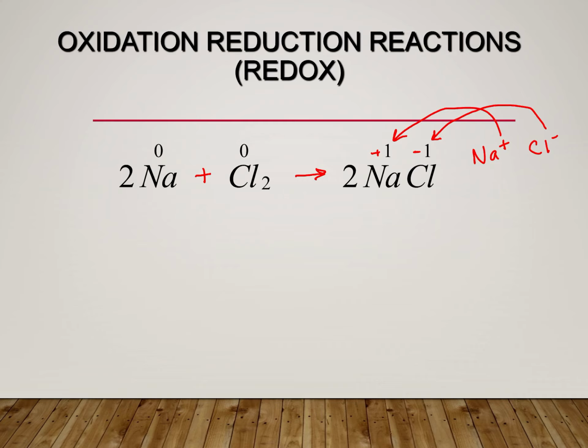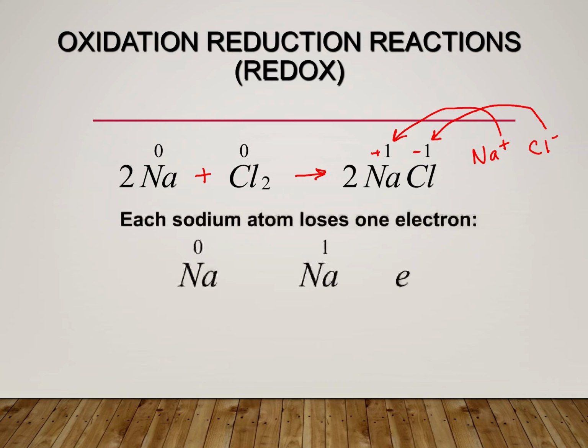If we look at the individual half reactions, so we look at what sodium's doing by itself and what chlorine's doing by itself. Sodium went through and became Na+, and it lost an electron. So sodium went from a 0 to a +1.